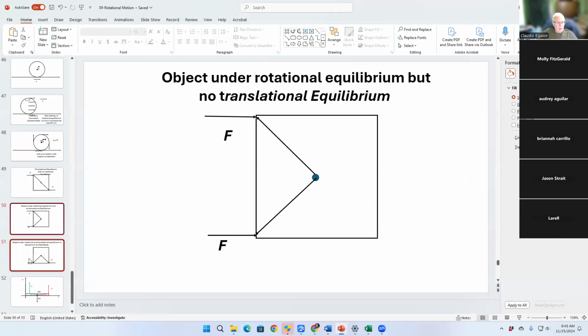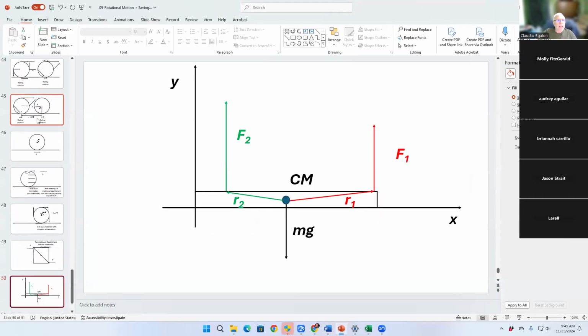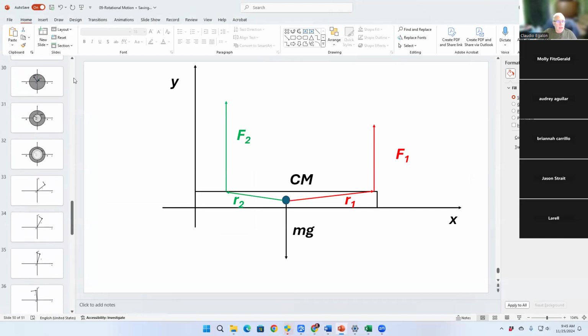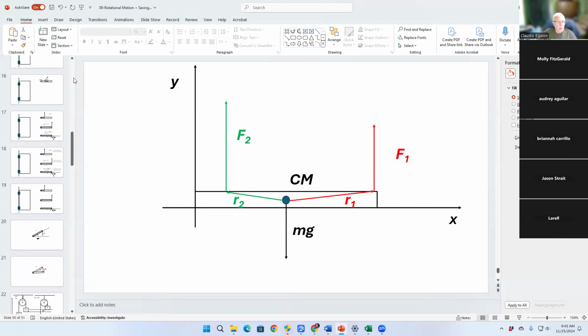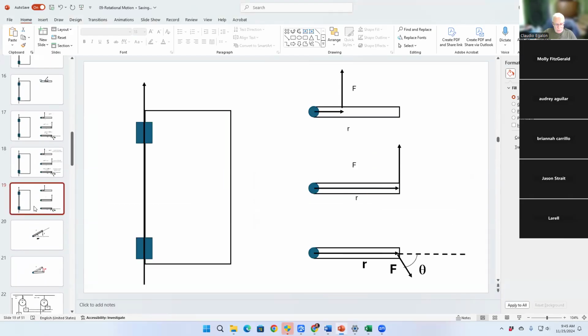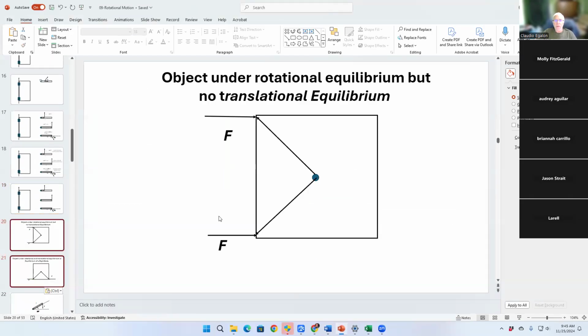Here you go. Two forces being applied to this rigid body. What you see here is the vector point of application of the force. One force is applied here, the other force is applied there.